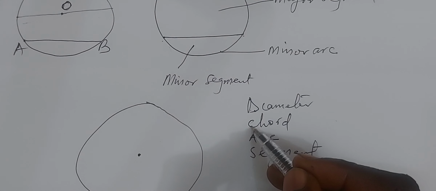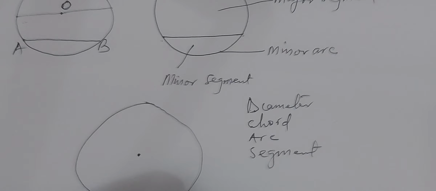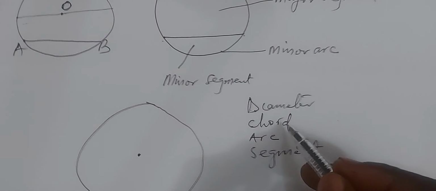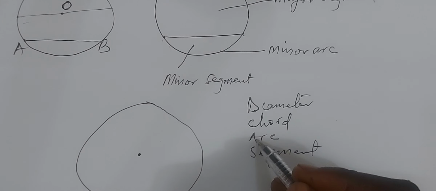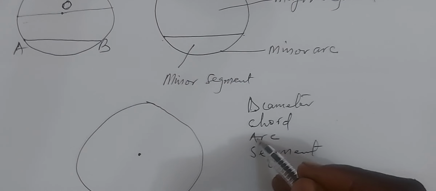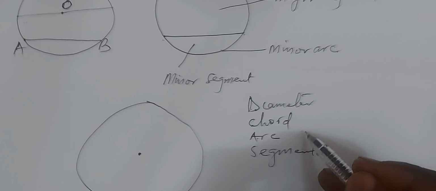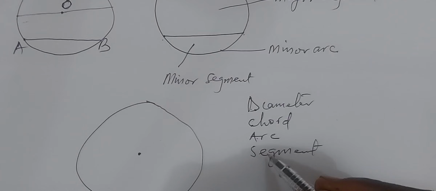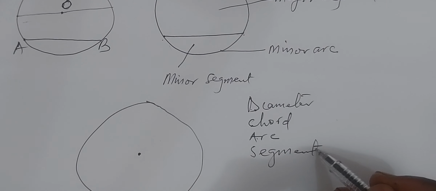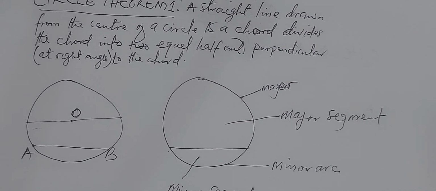A chord is a line that joins two sides of the cycle, but is not a diameter. An arc is a line that joins two edges of the cycle, and a segment is a portion of a cycle. Okay? And so this rule we are talking about, this is our cycle theorem 1.